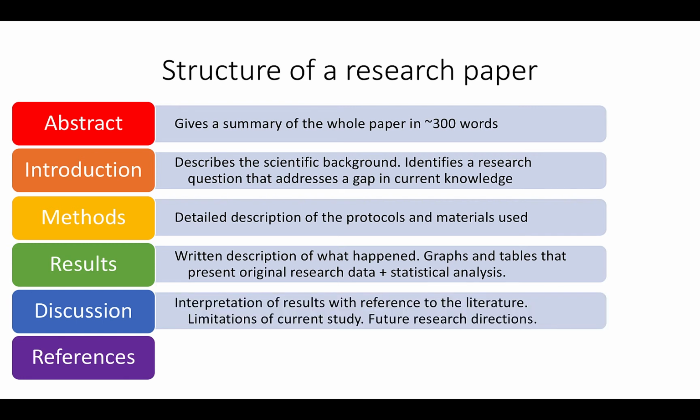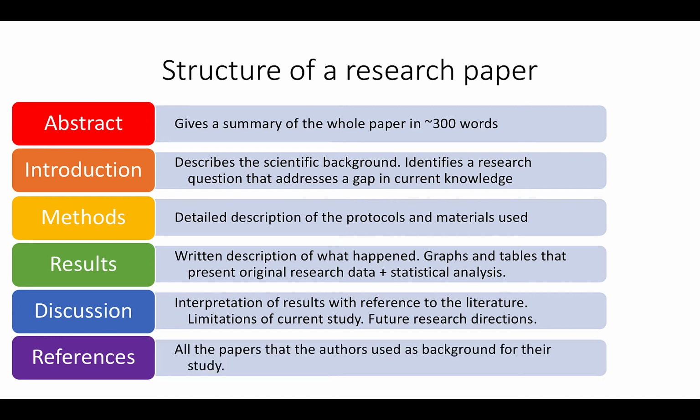The discussion is how the study authors are interpreting their results. So they'll compare their results to the rest of the literature, they might point out the limitations of their current study, or they might point out future research directions. And then at the end, obviously, you'll have the references. So that's all of the papers that the authors use as a background for their own study. So that can be quite useful if you're trying to find papers in a particular area.